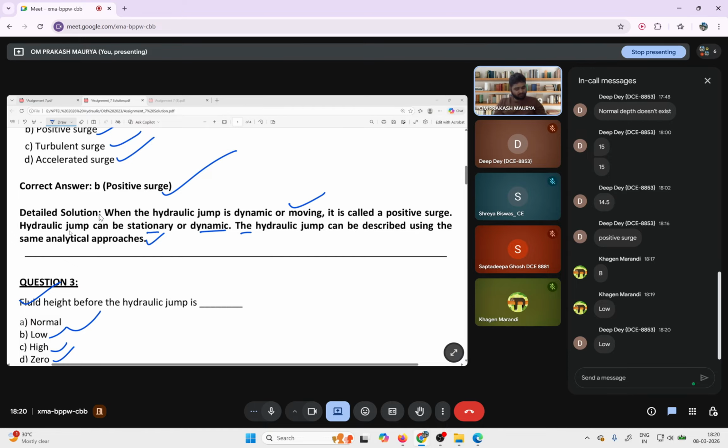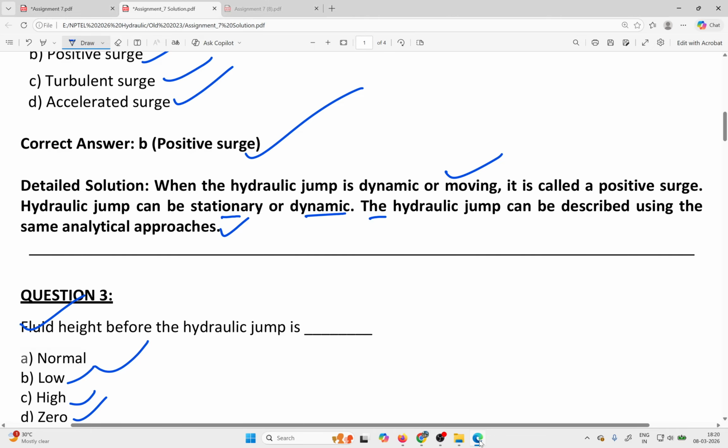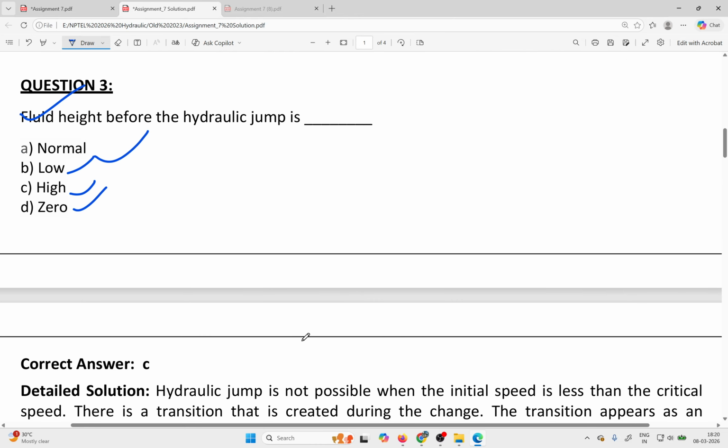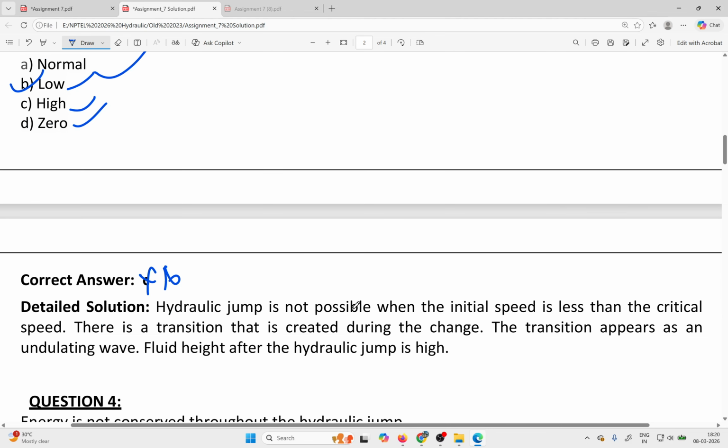Yes, it should be low. Option B is correct here. But in the answer it shows option C, it should not be C. It is B. Option B is correct. Should be low.